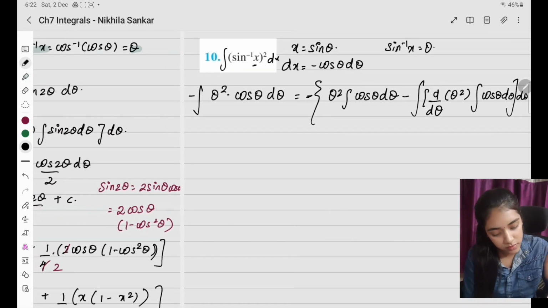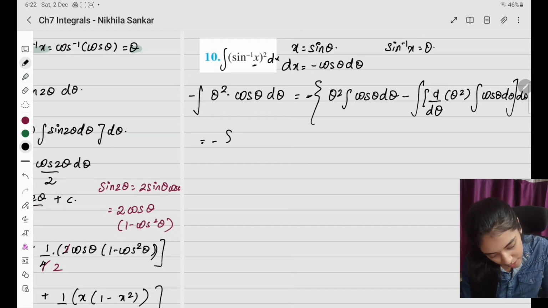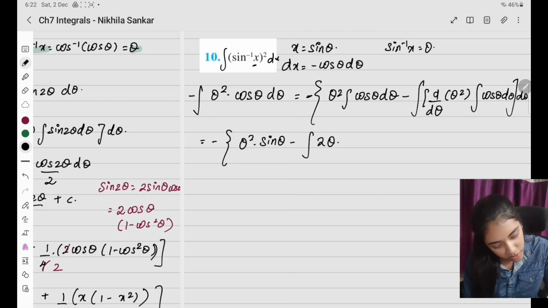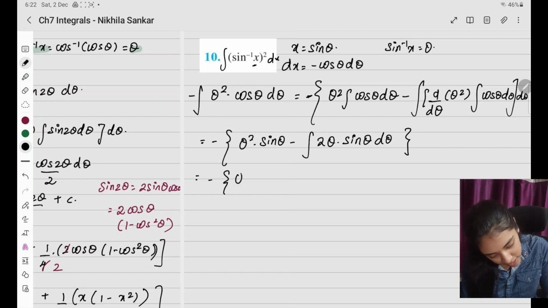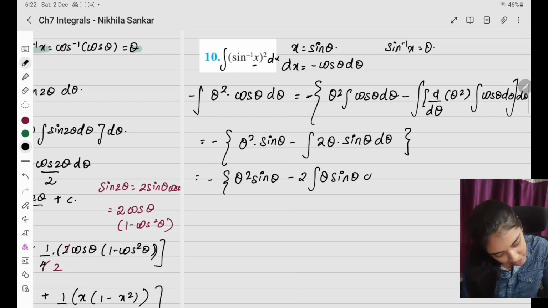Okay, now I have a minus outside, theta square times integral of cos, which is going to be sin theta, minus bigger integral d by d theta of theta square is 2 theta, times the integral of cos, which is going to be sin theta, times d theta.